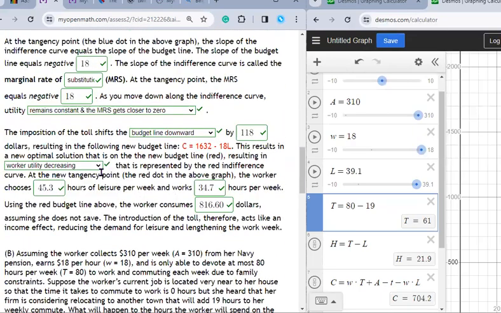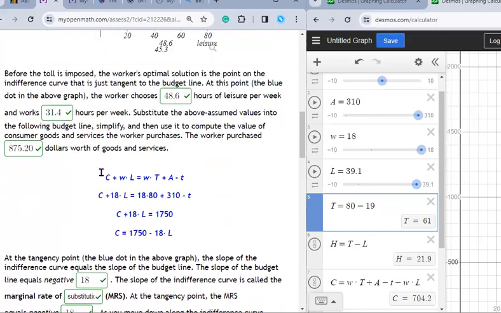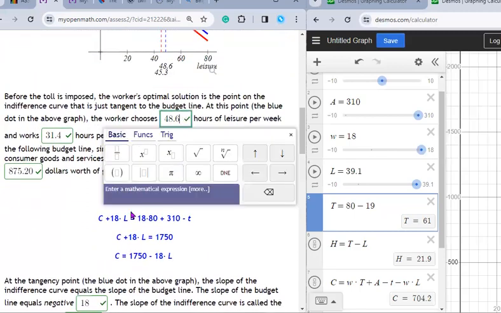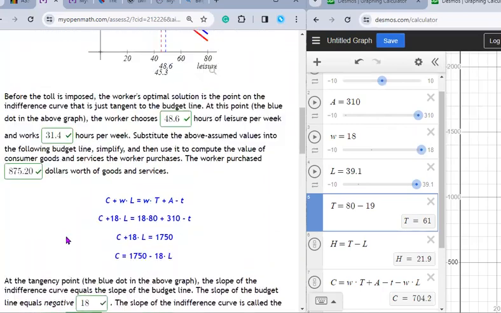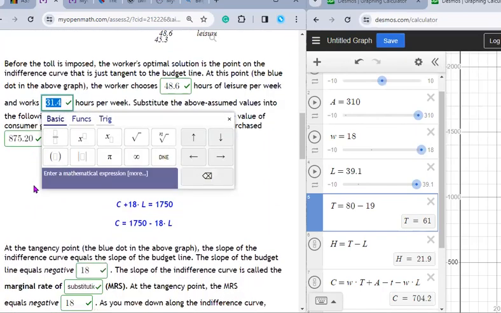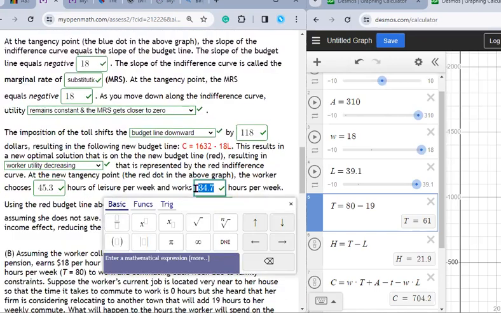Up here, when it was just a monetary toll, her leisure was 48.6. When she had to pay that monetary toll, her leisure dropped to 45.3. Her hours worked, though, did the opposite. Her hours worked went from 31.4 to 34.7. So the commute really cuts into her hours worked, right?